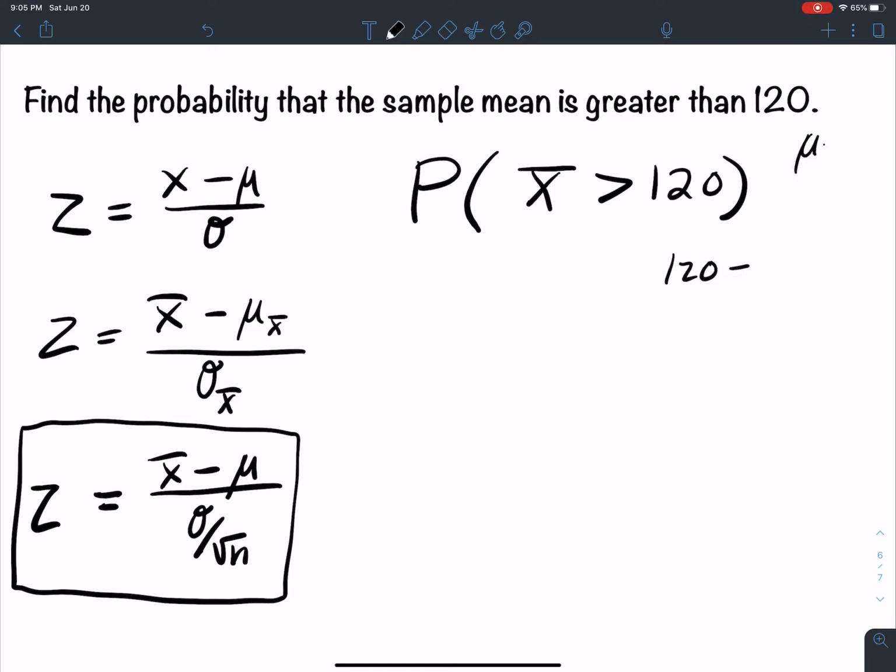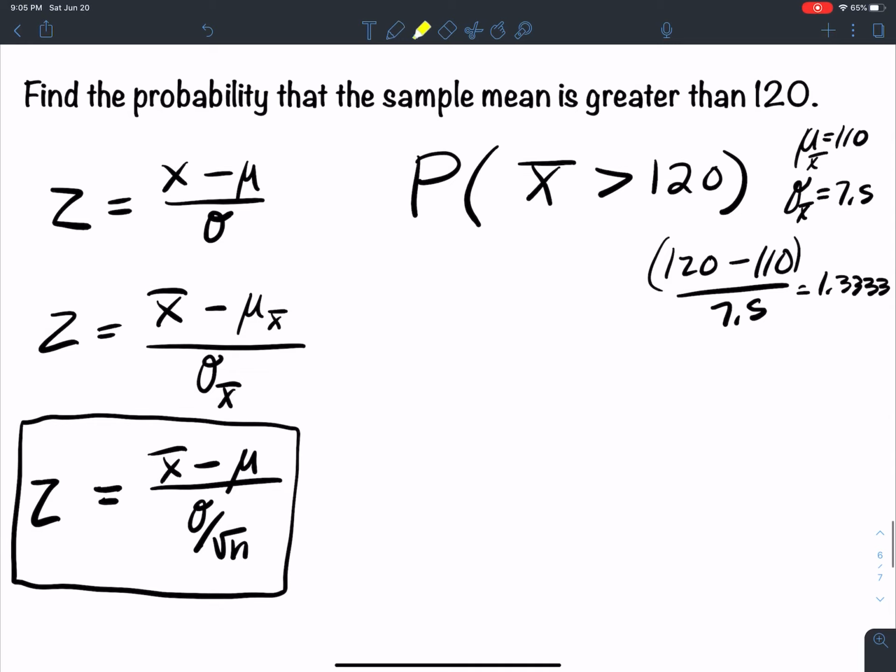The mean of the sample means is 110, and the standard deviation of the sample means is 7.5. So that's 10 divided by 7.5, which is 1.3333. But look, you can't put 4 decimals.